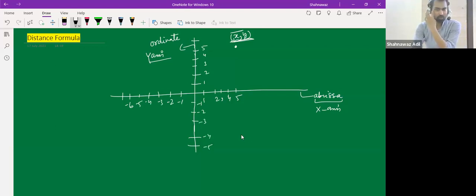So if I want to locate a point, let's say (3, 5), this means I have moved 3 units on the x-axis and 5 units on the y-axis. So this would be my point A, (3, 5).